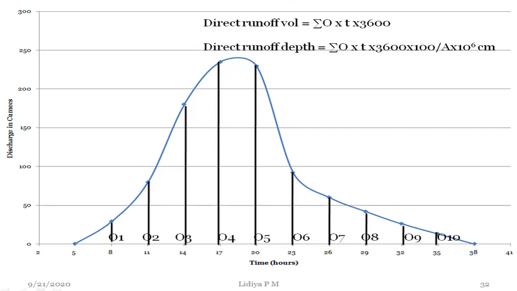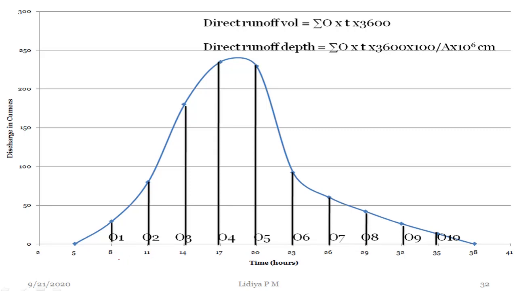First we calculate the direct runoff volume. Here the discharge is in cumec, that is meter cube per second, and the time duration is in hours. So discharge into time gives the volume of direct runoff. Sigma O represents the sum of ordinates, multiplied by T, the time interval.